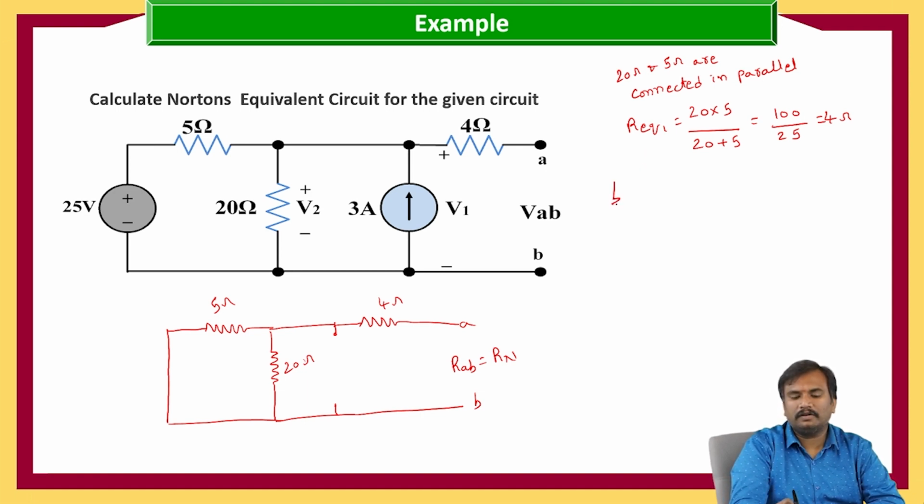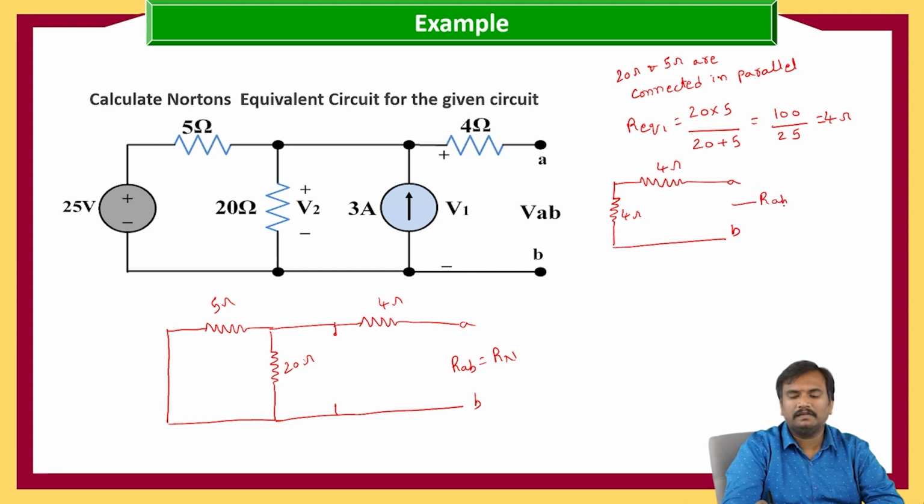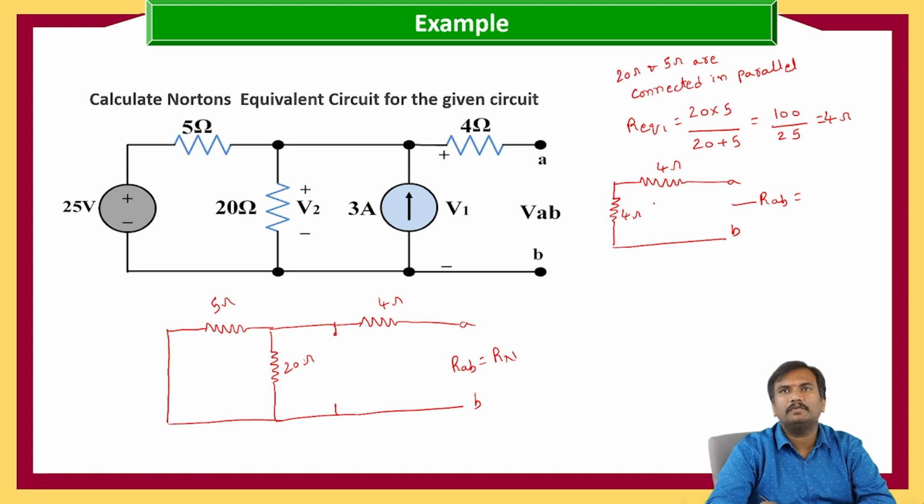So our circuit will become 4 ohms and 4 ohms between the A, B terminals. So R_AB, between these two terminals, these 4 ohms and 4 ohms are connected in series.